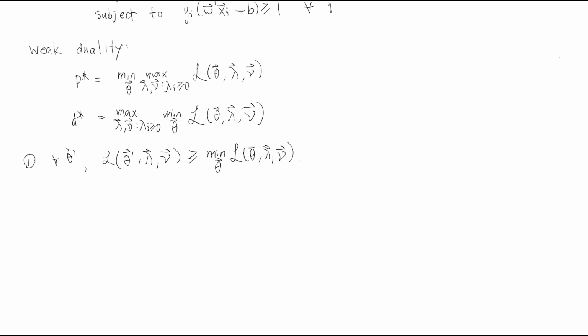And this also holds for all lambda and nu, right? And that makes sense because it doesn't matter what lambda and nu you look at. On the right hand side, we're minimizing over theta. On the left hand side, it's just saying, for every theta that we might plug into L, the result is going to be greater than or equal to if we minimize over theta. So that makes sense. Okay, so that's number one.